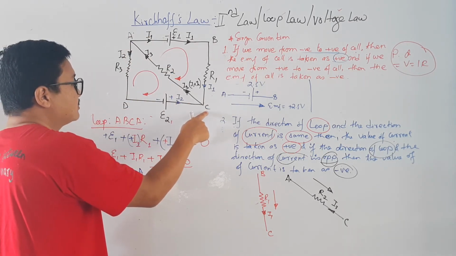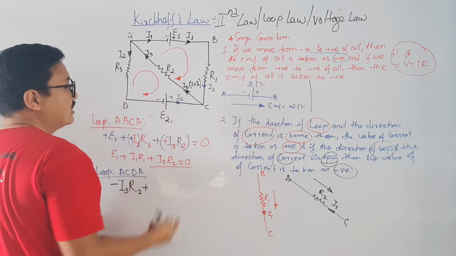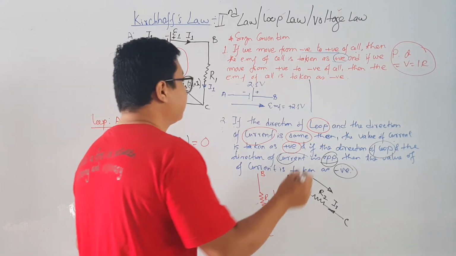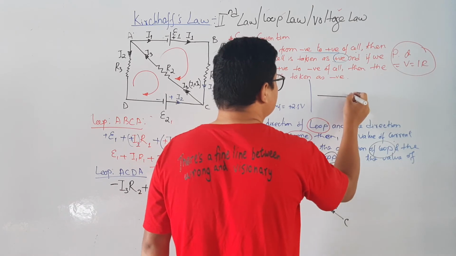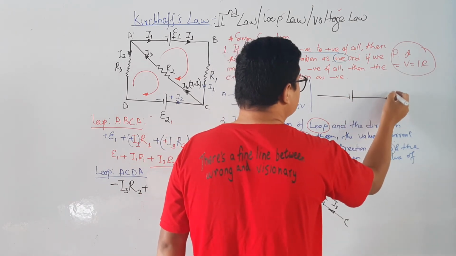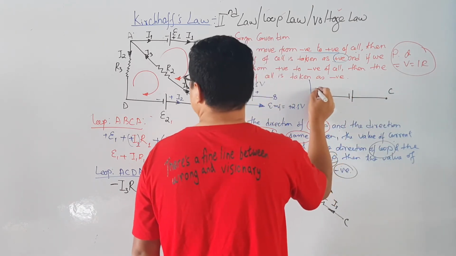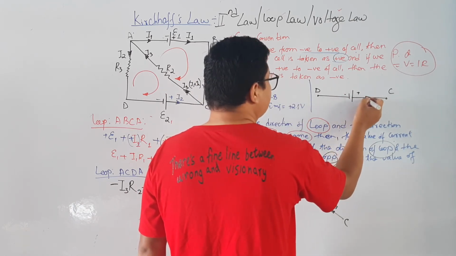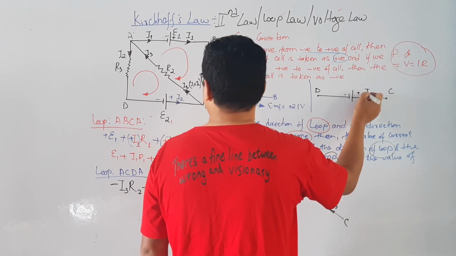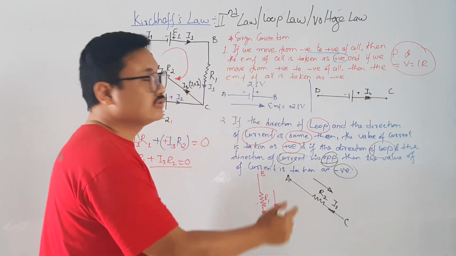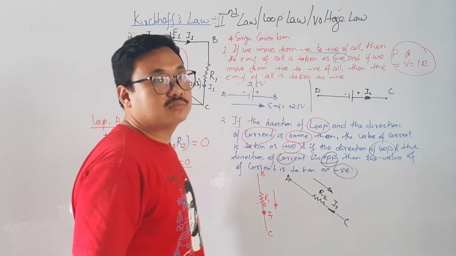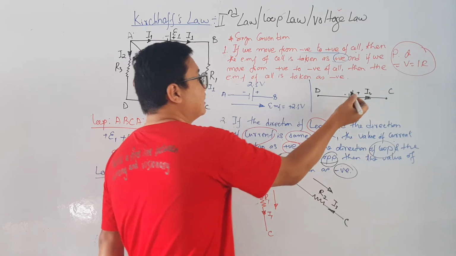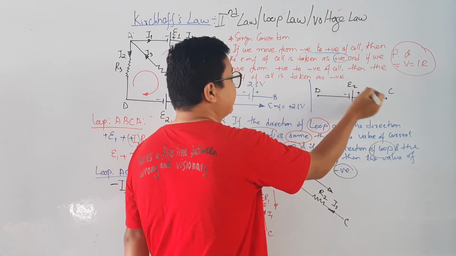Now I go from A to C. Now I will go from C to D. So this is C and this is my D. This is negative, this is positive, and the direction of current is in this direction, that is I2. There is no resistance, so there is no potential drop, but there is EMF, which is E2.